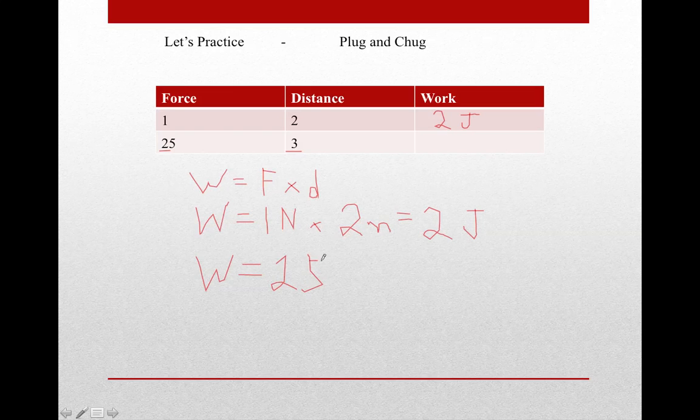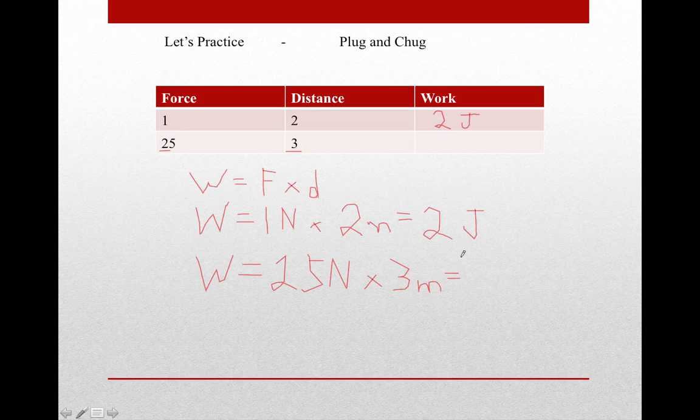The units are newtons. So work equals 25 newtons times our distance. Our distance is 3 meters. And that will give us our work.